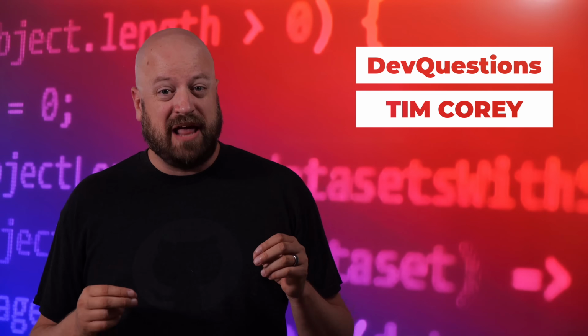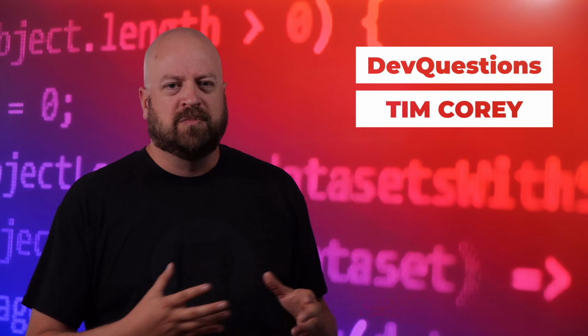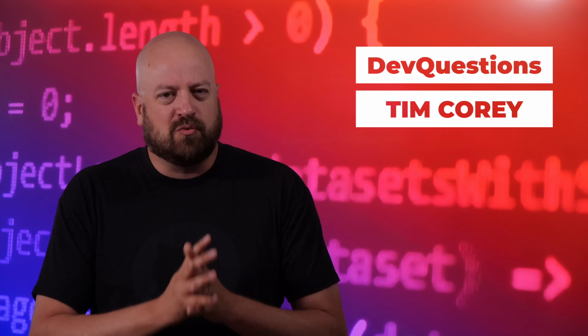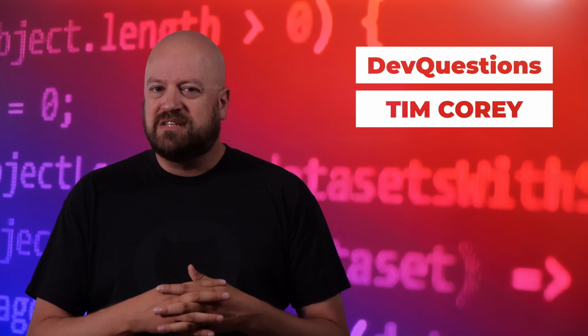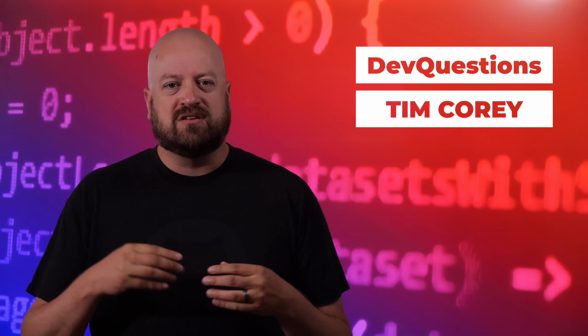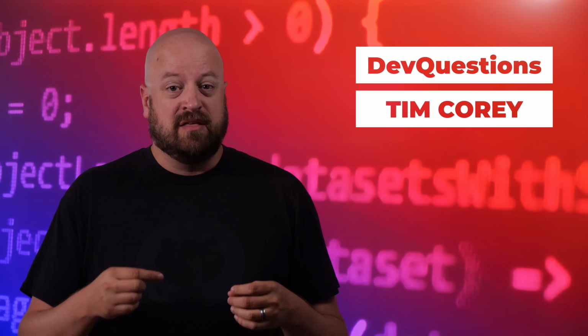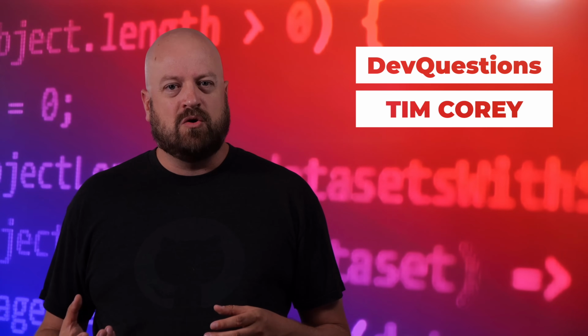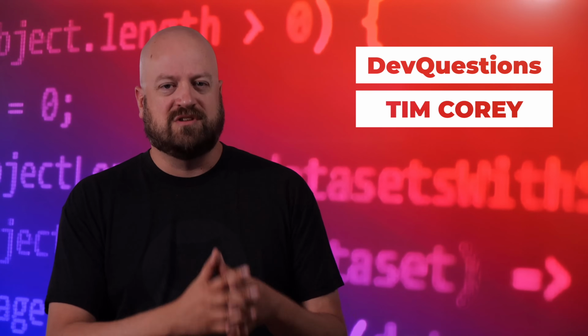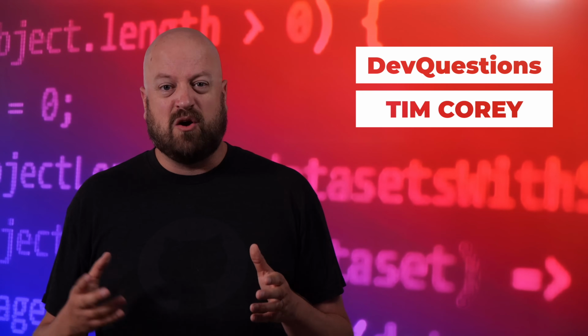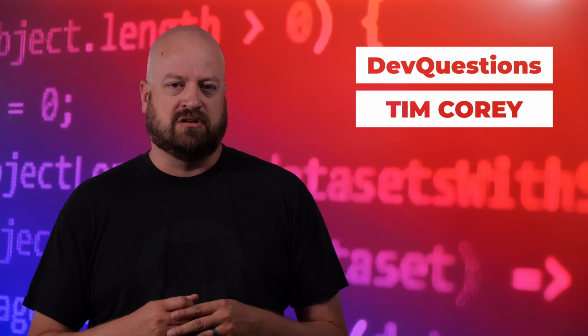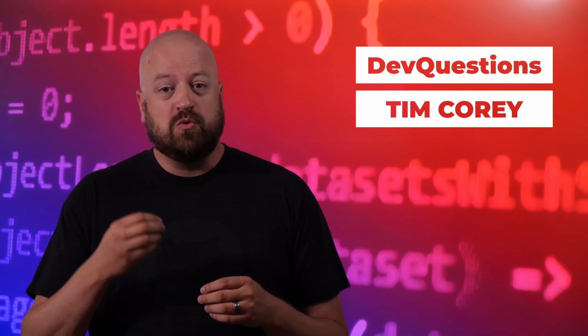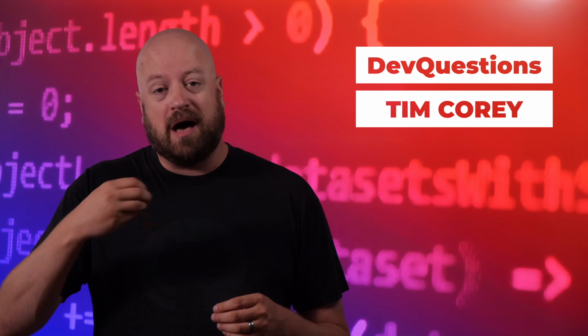Or we need to scale, so we're going to add 3 more servers. Well, is that the right solution? Oftentimes, I'd say no. Because oftentimes what happens is they've written poor code. It's not very performant. And so instead of addressing the code, they just throw more resources at it, thinking that they're somehow scaling their application. Instead, what you want to do is think about how to optimize your code.